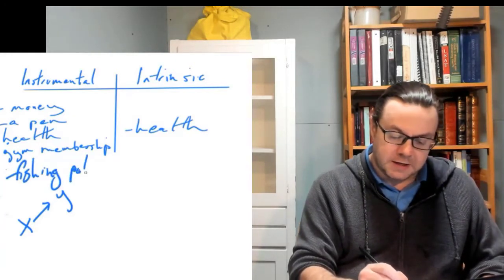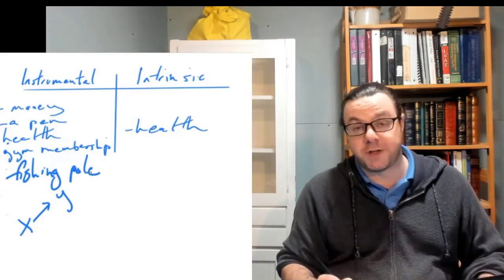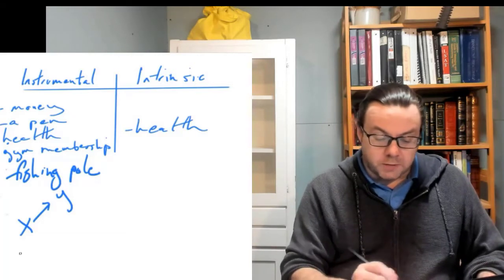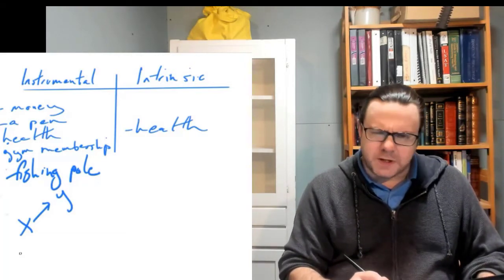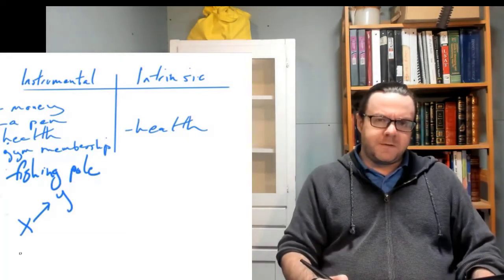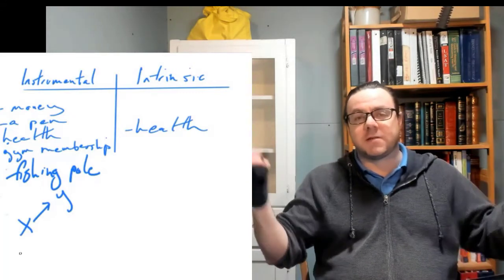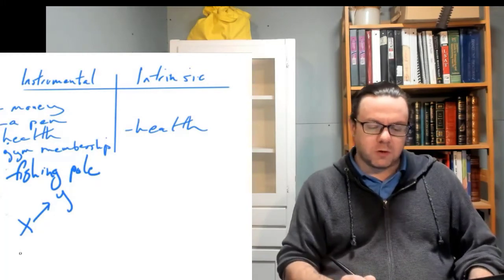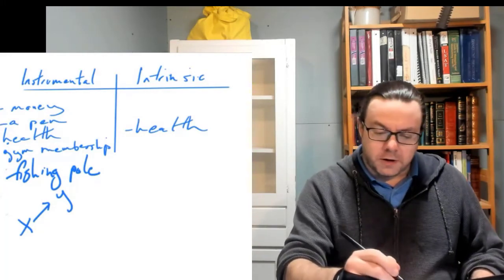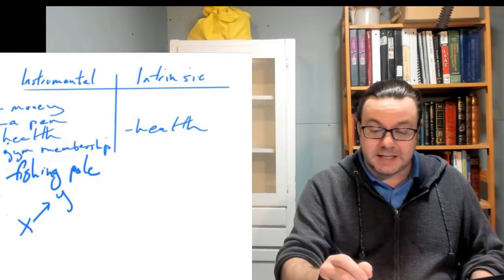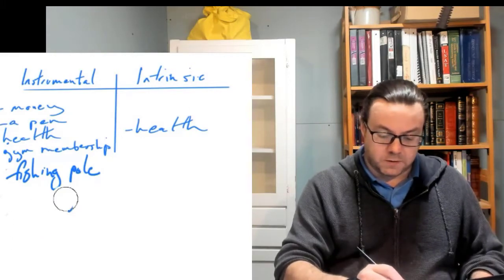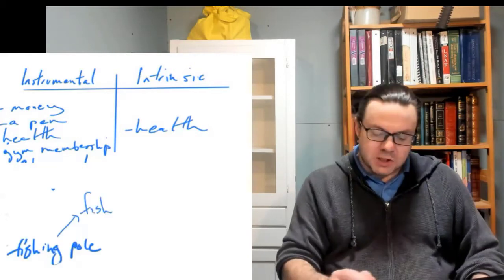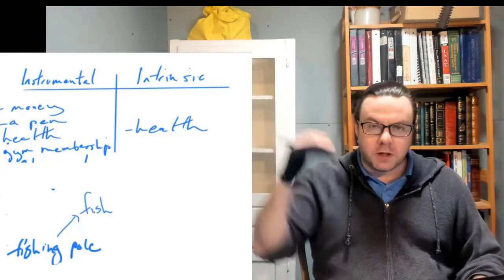You don't just want a fishing pole just because, right? You want a fishing pole because it gets you fish. Now, fish is also not something that you want just for the sake of having it, right? So some instrumental goods are valuable because they lead to other instrumental goods. For example, a fishing pole in order to get fish. And so he would say the higher goal is the fish.